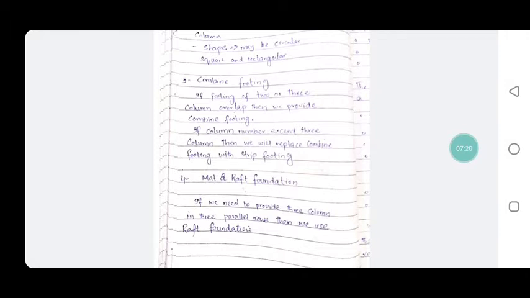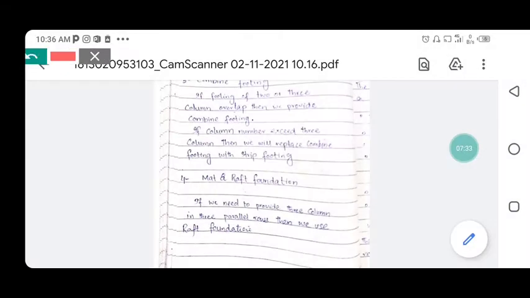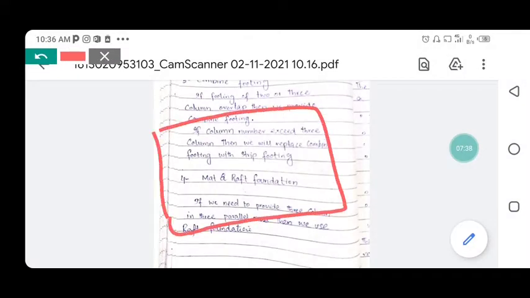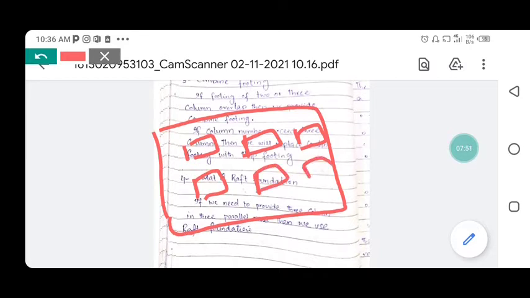Now, the fourth type of foundation is raft foundation. If we need to provide 3 columns in 3 multiple rows, then we use raft foundation. I will draw a plan for you. This is a plan of foundation. Okay, and this is column 1, this is 2, and this is 3, and again a parallel row 1, 2 and 3, 1, 2 and 3.